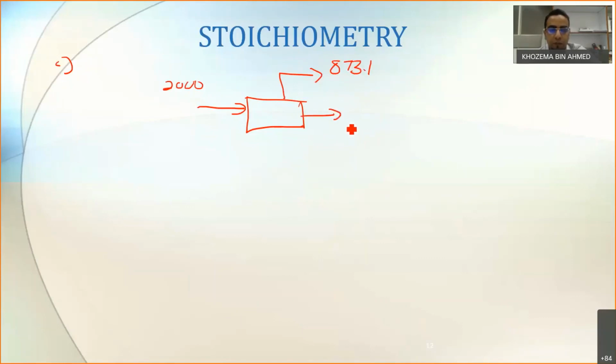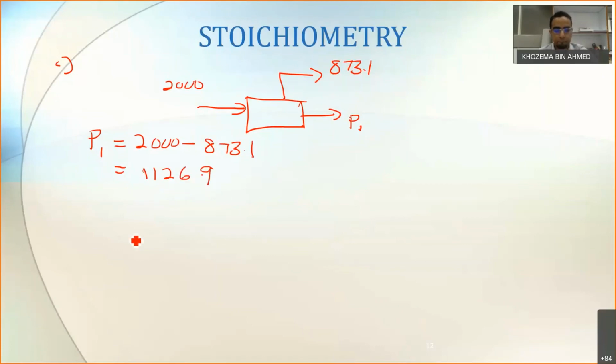So this is our P1. We know our P1 is equal to 2000 minus 873.1, which is equal to 1126.9.